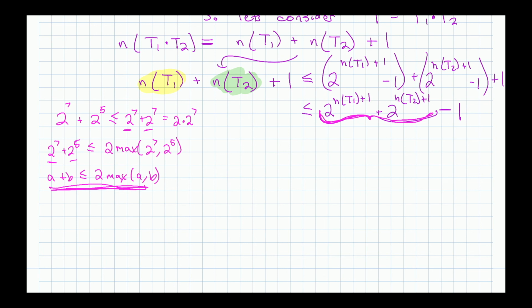And that's what we're going to do here where I've got that pink underline. So this is going to be less than or equal to 2 times the maximum of 2 to the h of T1 plus 1, comma, 2 to the h of T2 plus 1, and then minus 1.